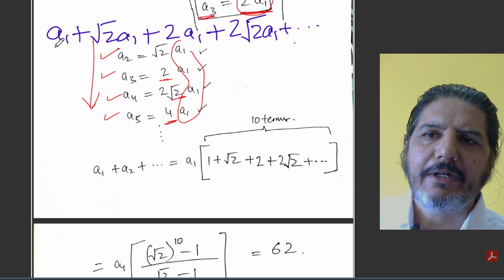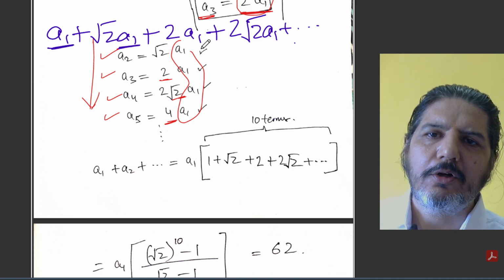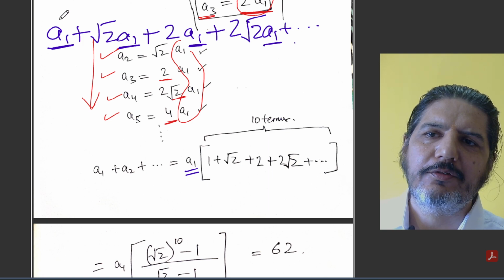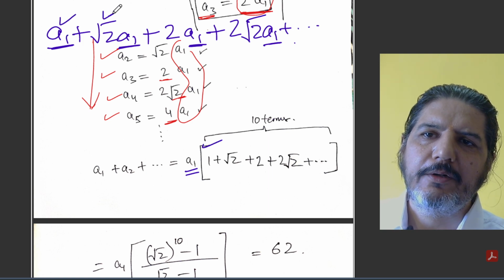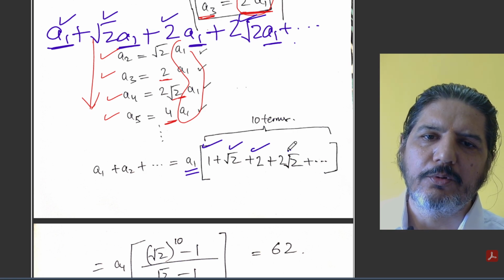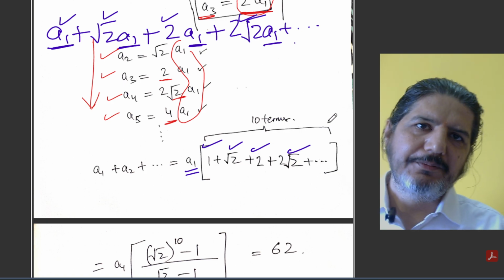So I'm taking the A1 common. Once I've taken the A1 common, this would be 1, this would be root 2, this would be 2, this would be 2 root 2. So these would be 10 terms.